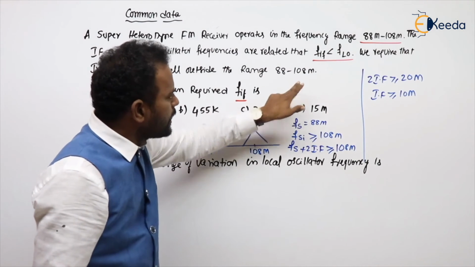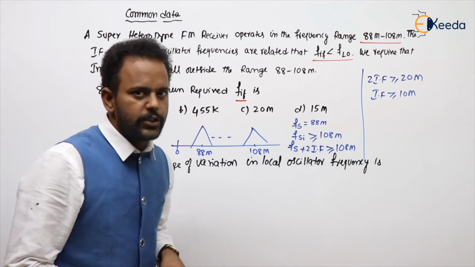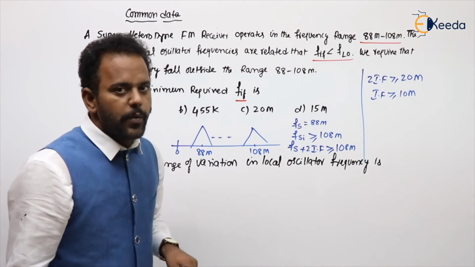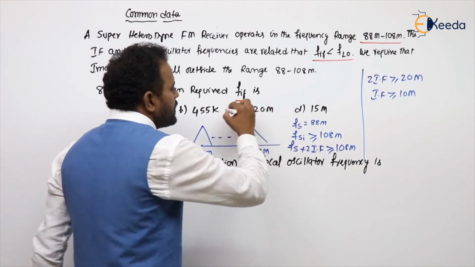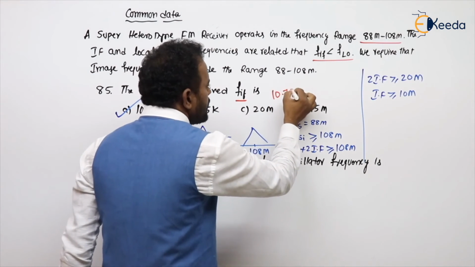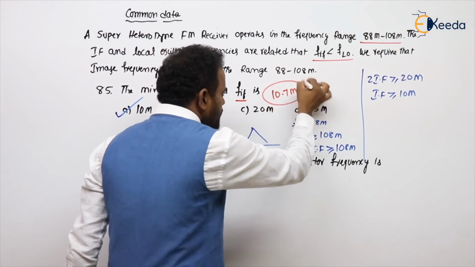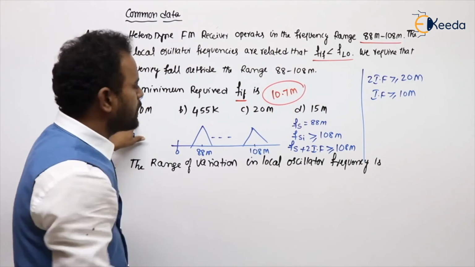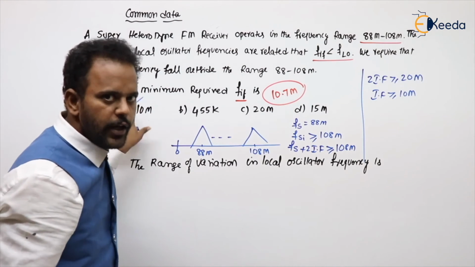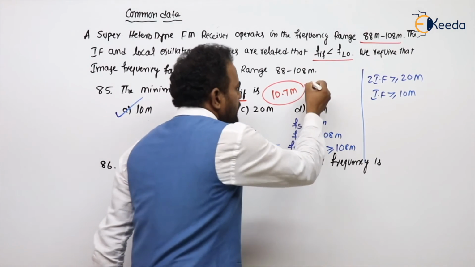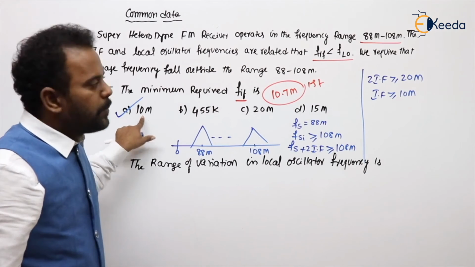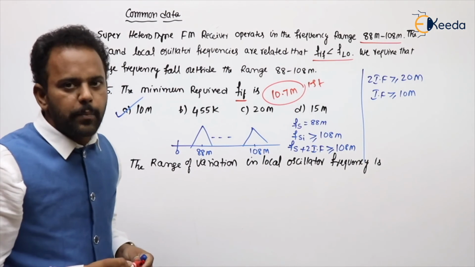One more time, see the logic. 88 to 108 is the practical FM range. So what is the practical value of IF? 10.7. If 10.7 MHz is in the options, choose that. If 10.7 is not there, then from the mathematical calculation it is 10 MHz. If both are there, the first preference is 10.7, the second is 10. Because 88 to 108 is a practical range.